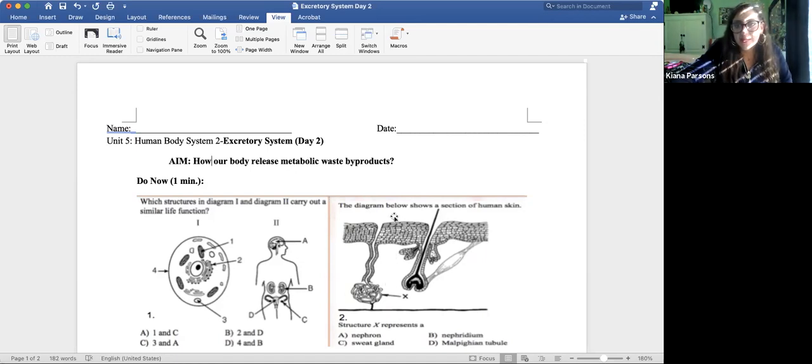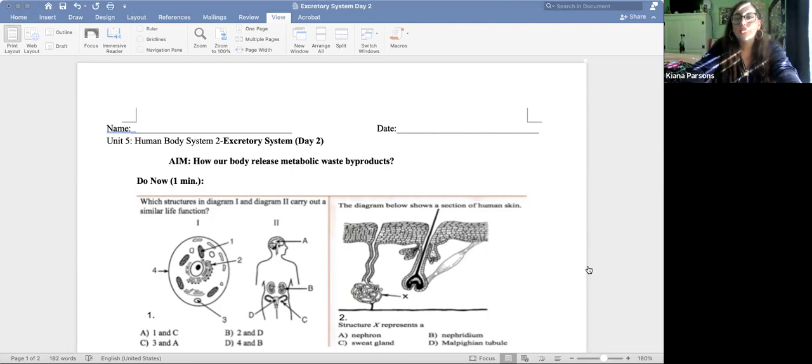And now this here is something that we've never seen before. This is a sweat gland. And a sweat gland pretty much always looks like that, kind of looks like a knot underneath your skin there. And our sweat glands are part of our excretory system.